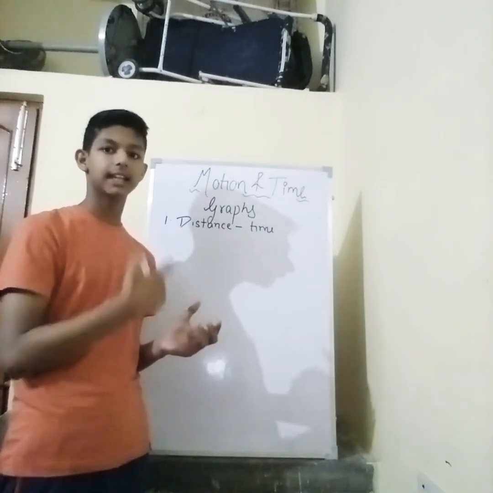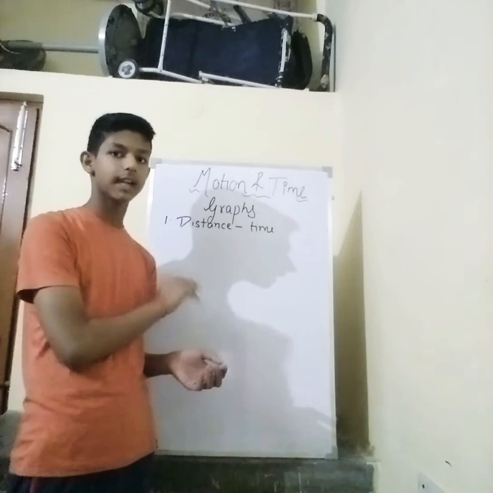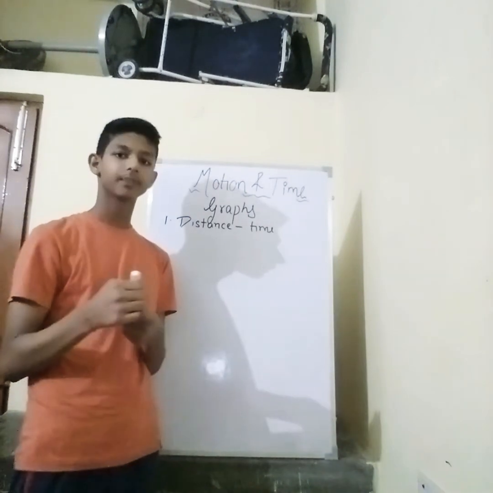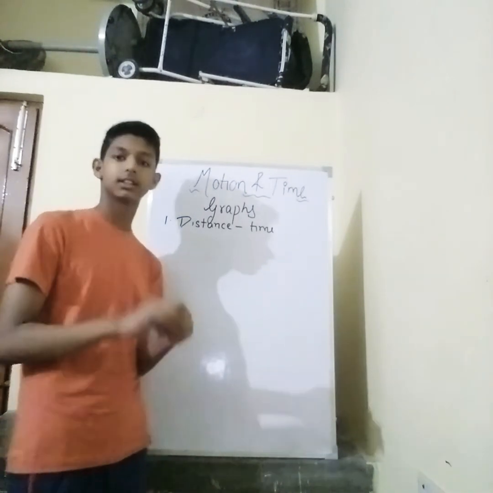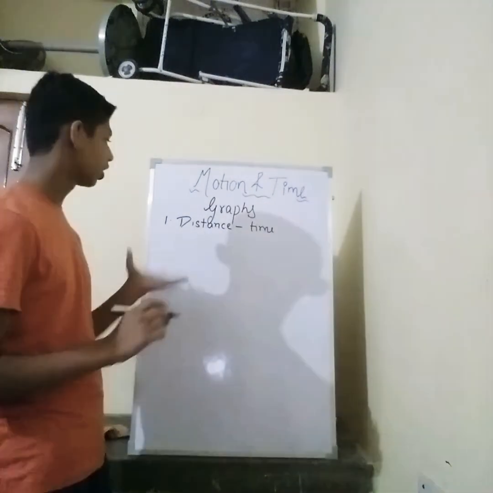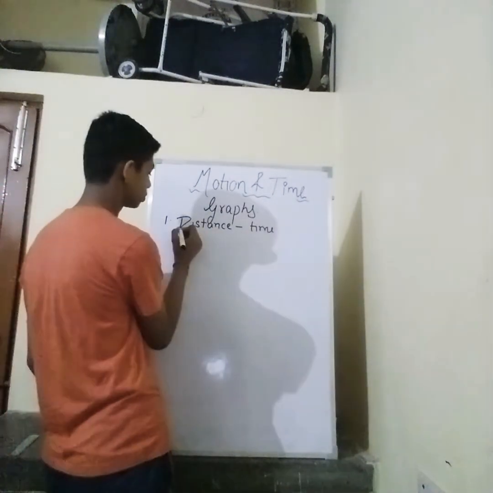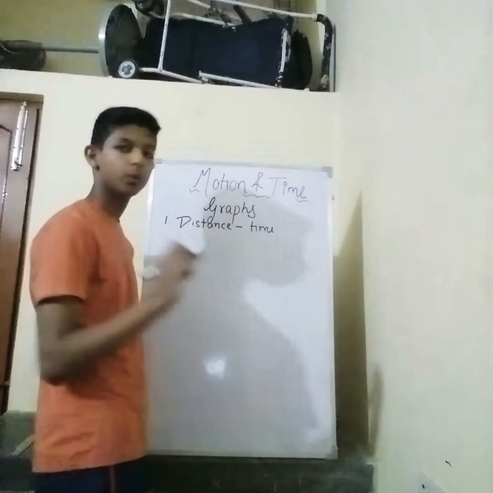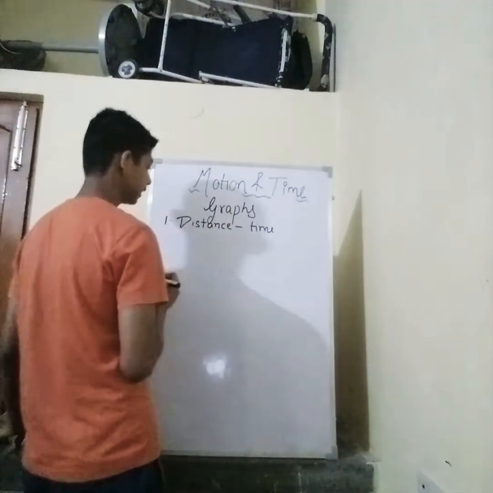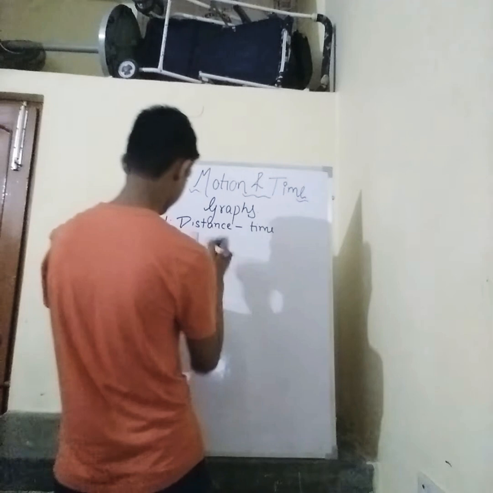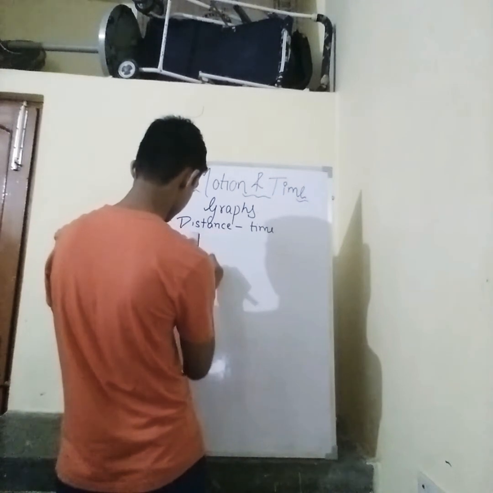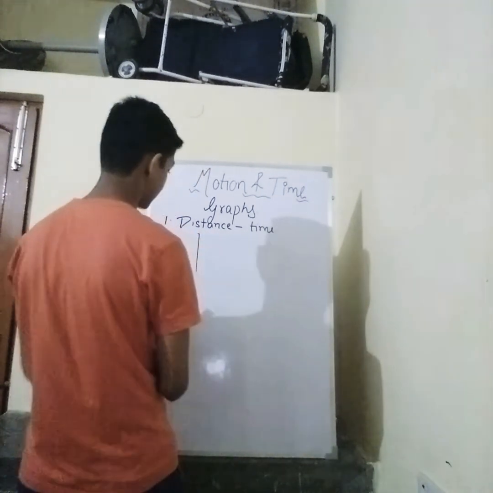Then choose the scale, plot the points and join the points. Now we will describe all these methods to draw or plot a graph one by one. Firstly, I have a scale and I will draw two perpendicular lines as I said.